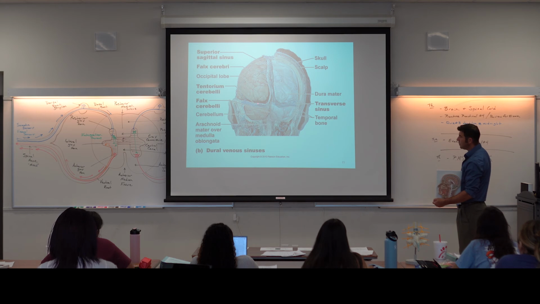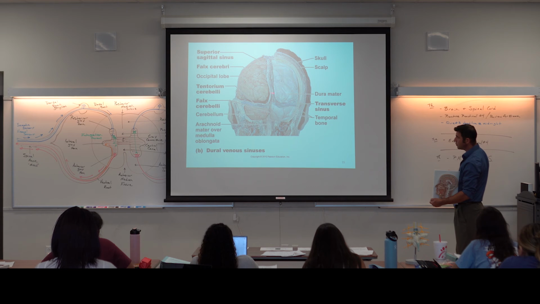And then, that looks like it's pointing to the blue part, but this tentorium cerebelli refers to this horizontal piece of connective tissue that runs between the cerebellum down here and the two cerebral hemispheres. So this horizontal layer of connective tissue that runs between cerebrum and cerebellum is our tentorium cerebelli.